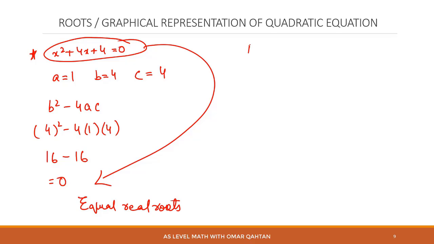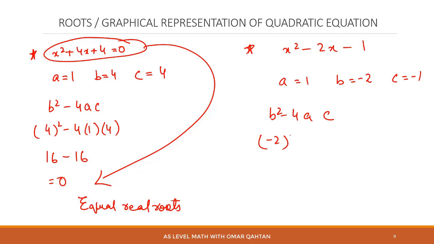Let's check another equation. We have a equal to 1, b equal to minus 2, c equal to minus 1. The formula for the discriminant is b square minus 4ac.